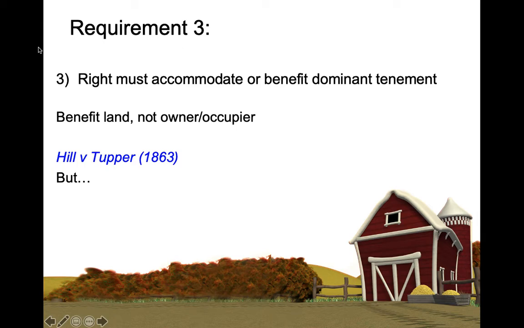The other party that we see there, Tupper, is the landlord of a local pub, which is also on the canal bank. And Tupper puts boats out on the canal, which interferes with Hill's business. It stops him making as much money and creates a loss of profit.